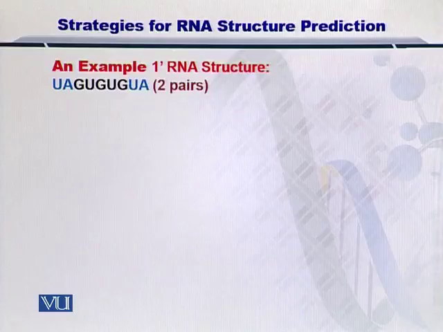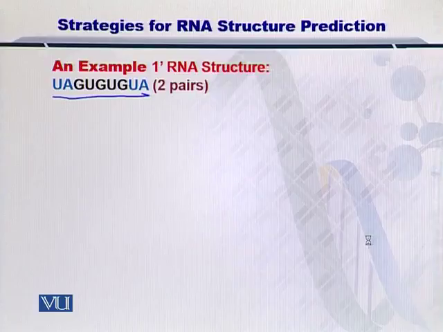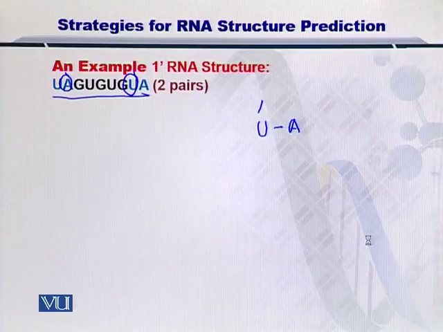An RNA sequence is provided here. And as you can see in the blue text, the U and A will couple since they are complementary. The second A and the second U will also couple.